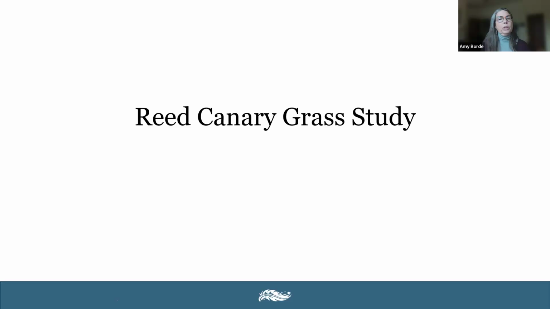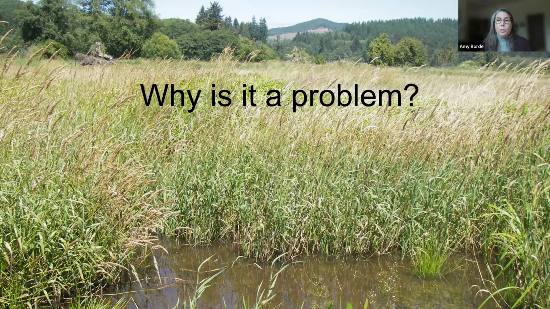All right, another example I'm going to talk about is a study that we did to try to determine methods to reduce reed canary grass. So why is reed canary grass a problem? Well, it's a non-native invasive species. It's found within the mid to high elevation marshes throughout about 125 miles of the tidal freshwater portion of the estuary.